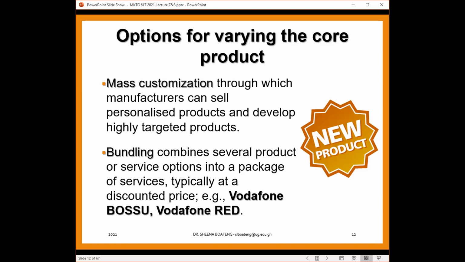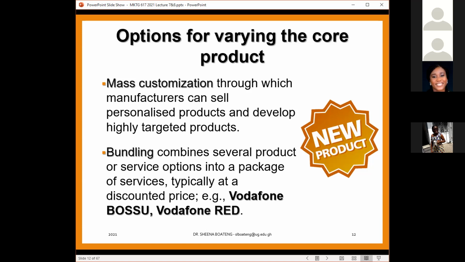You are mixing pricing elements with product elements. Samuel, yes, you are mixing pricing elements with product elements.